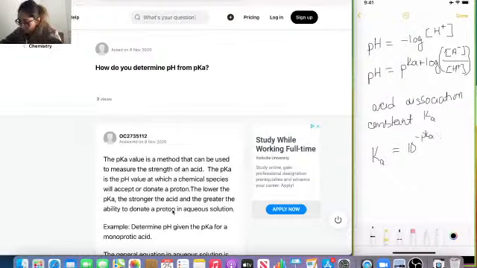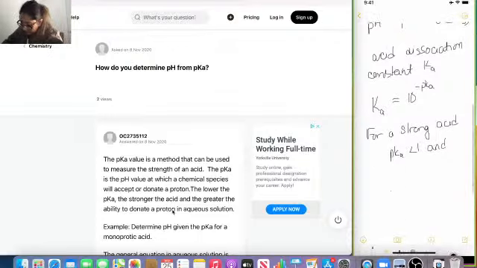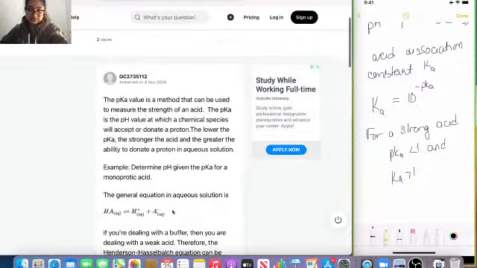Okay, and so for a strong acid, the pKa is less than 1, and Ka is basically greater than 1. Okay, so if you have a really strong acid, and so this is the answer.